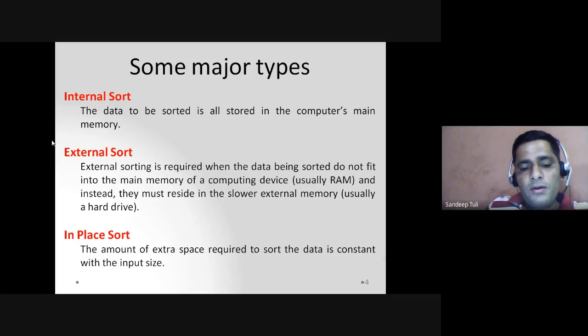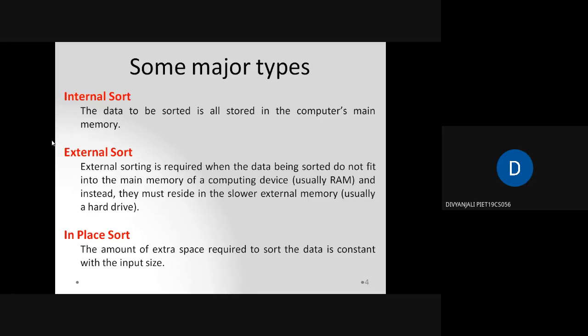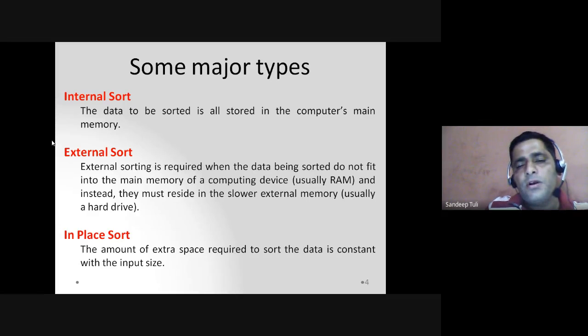Have you got it? Sir, please repeat. I'm repeating: in some sorting algorithms, like counting sort, we require extra space to sort, and we will see how. We need to use that extra memory, an available list, in order to sort.